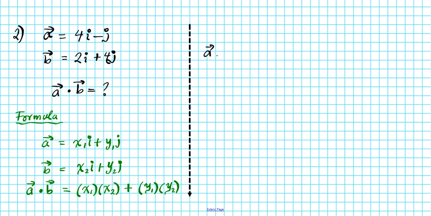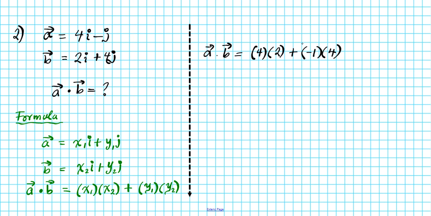If we dot A and B, we multiply the x component, also known as the horizontal component, of both vectors, 4 times 2, and then we add that to the y components. The coefficient of j here is clearly negative 1, so you have to be careful with that. So we have negative 1 times 4.